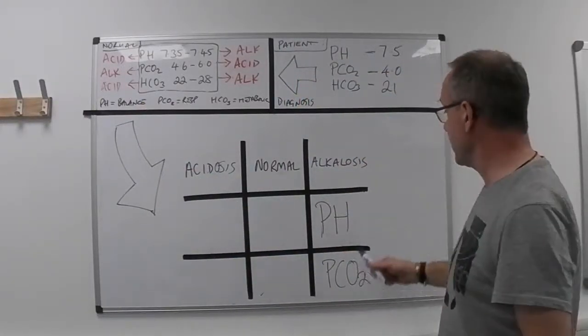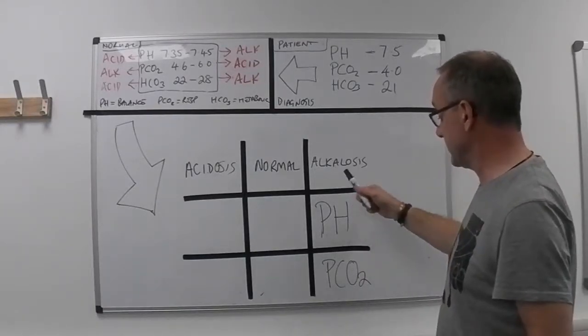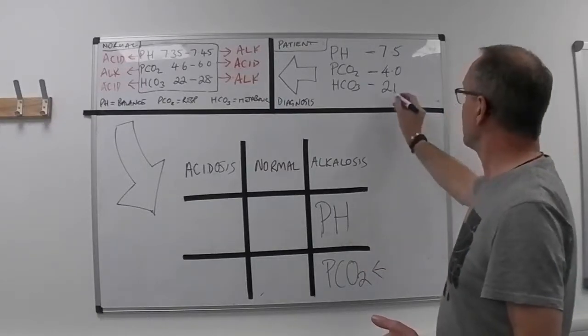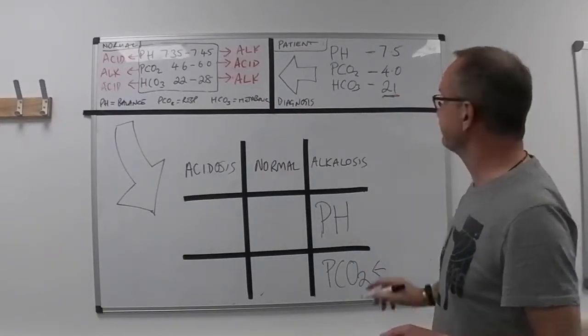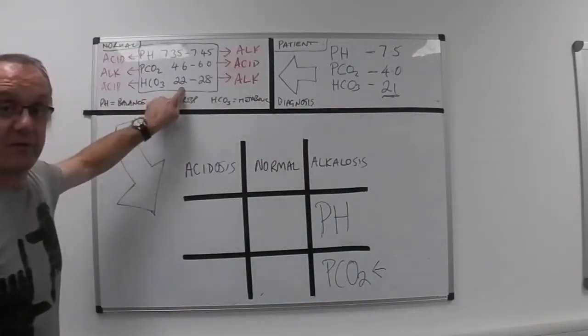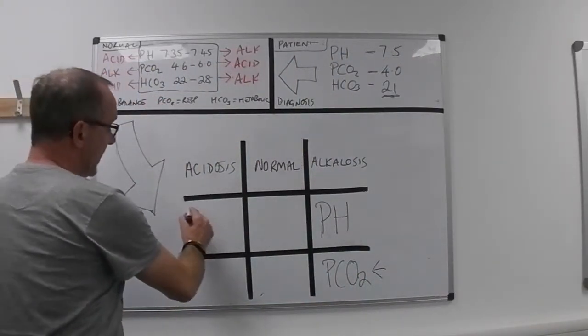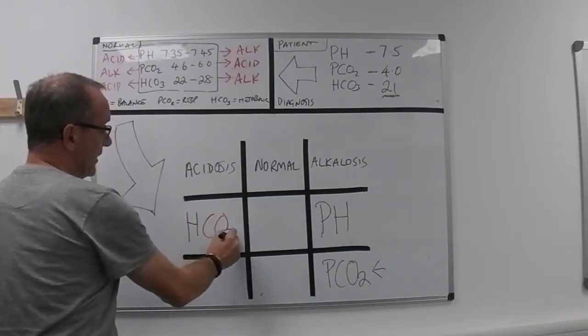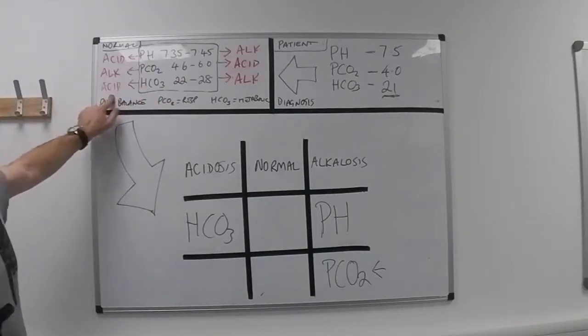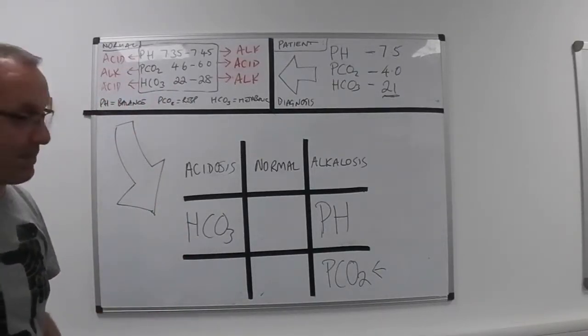So now we know this patient has a respiratory alkalosis, because this is the respiratory element. But we've still got to look at the bicarb again. Bicarb is 21. If we come across here, we see it's lower than the 22. So the bicarb will have to go into the acidosis column. It's lower than 22, acidotic, into there.